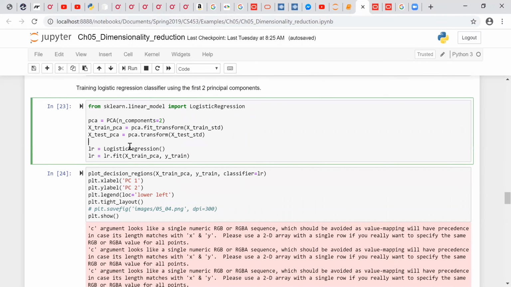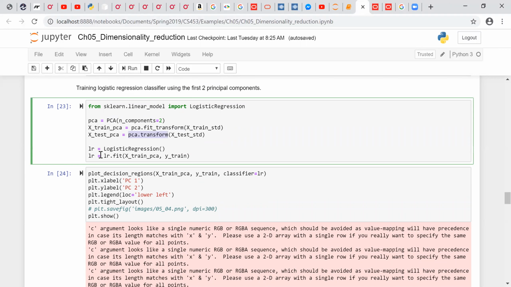Next, we first said we want to use 2 components for our PCA, so you establish the dimension reduction with a 2-component PCA. Once you get that, you project your data onto these 2 new components.